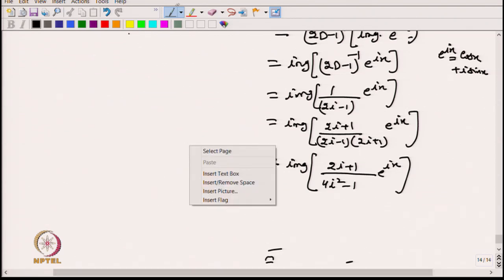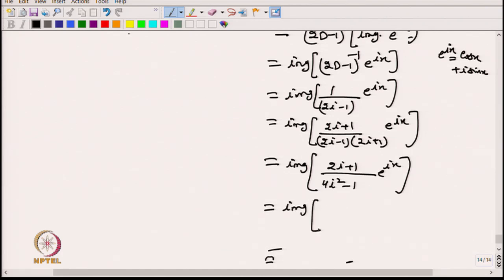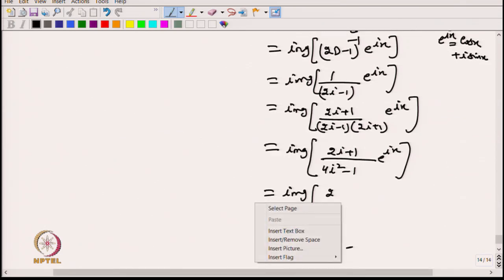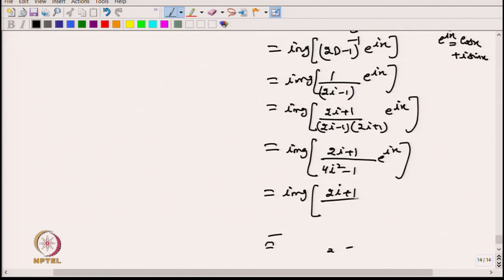Okay, because (2i minus 1) times (2i plus 1) is 4i square minus 1. So, from here I can write 2i plus 1, and i square is minus 1, so it becomes minus 5, e^(ix).